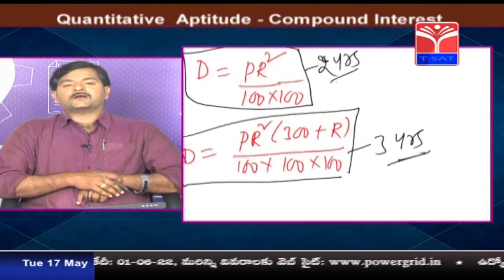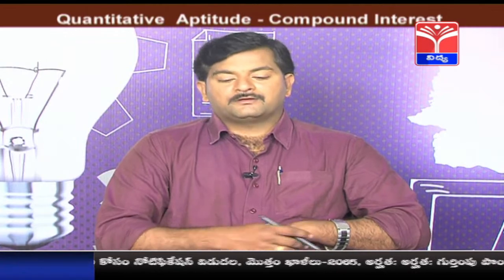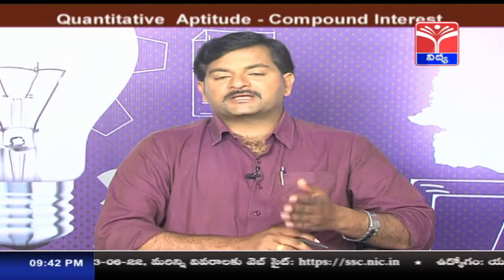What will you do by using this formula? By using this formula, we can find the difference between simple interest and compound interest for 2 years as well as for 3 years. If you don't know this formula, you have to find the simple interest for 2 years separately, compound interest separately, then the difference. For 3 years, SI separately, CI separately, again the difference. It is a lengthy procedure.